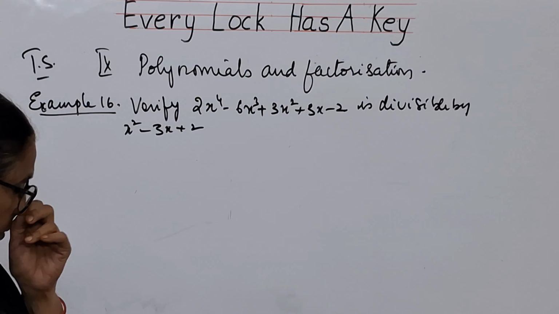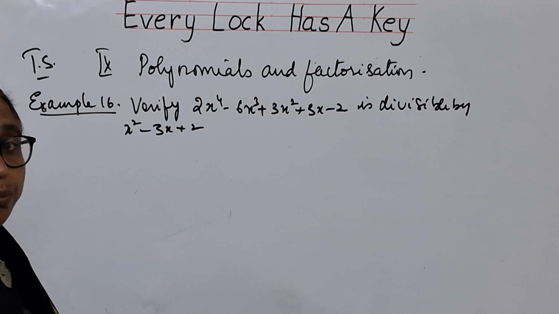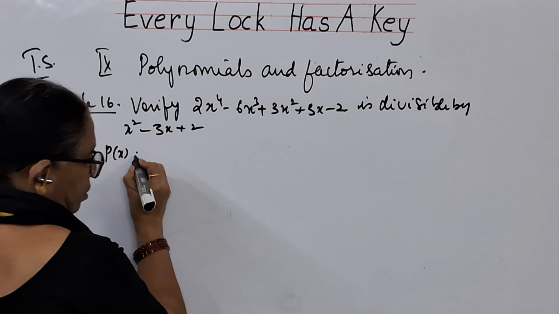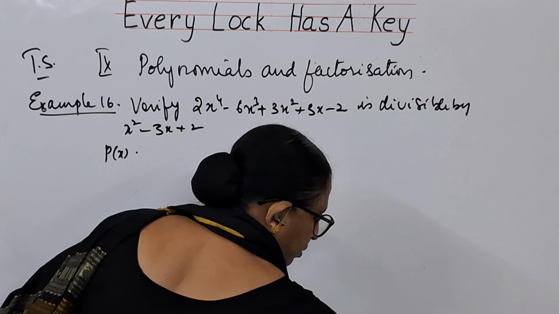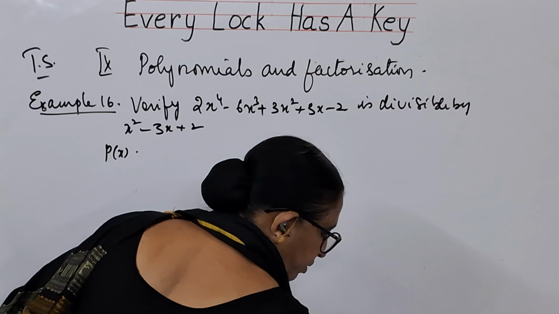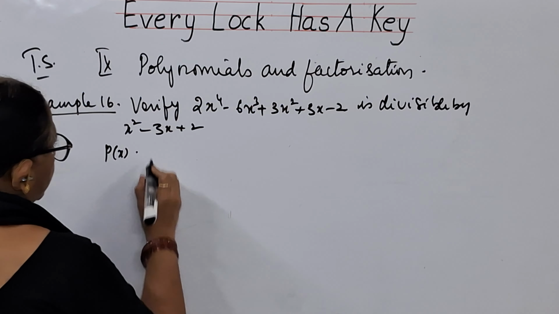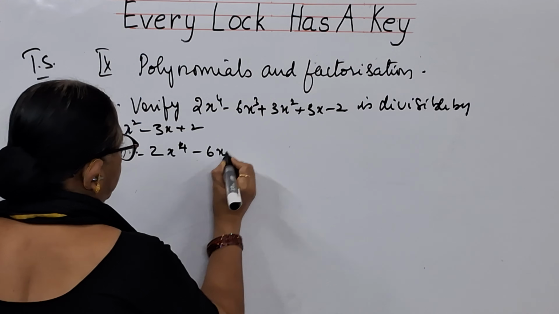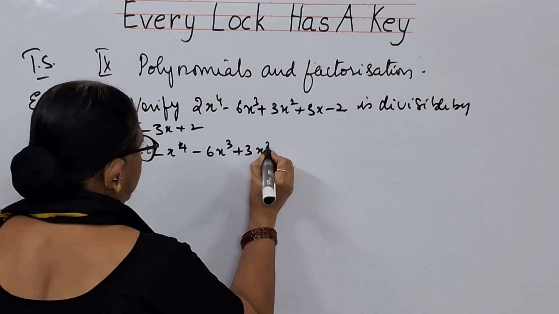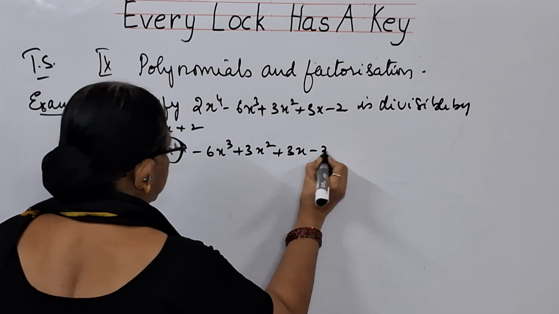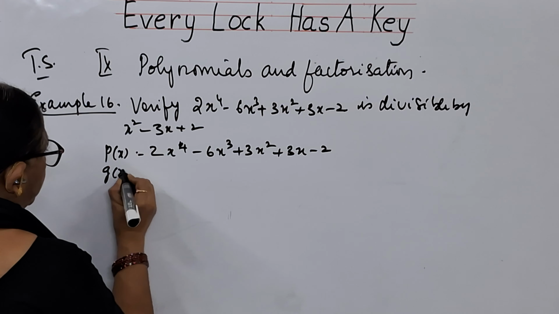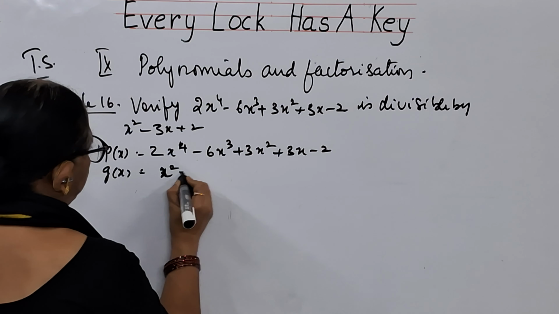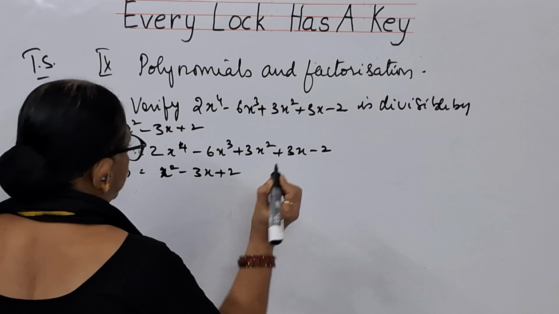Now, you have two polynomials, children. One is p of x, which is given to you as 2x to the power of 4 minus 6x cube plus 3x square plus 3x minus 2. And g of x is equal to x square minus 3x plus 2.